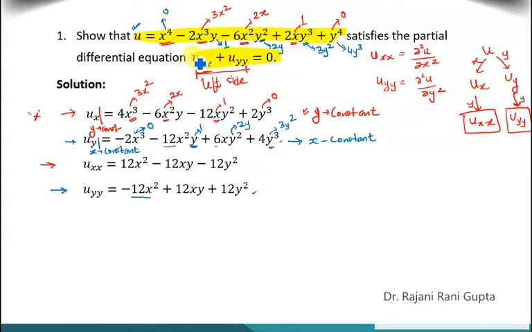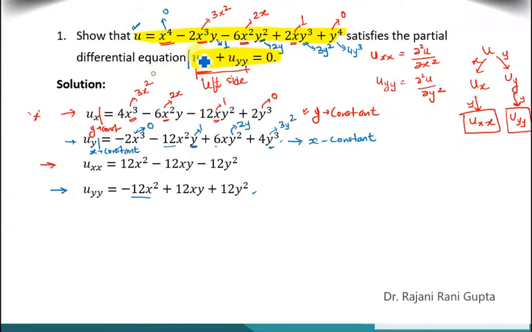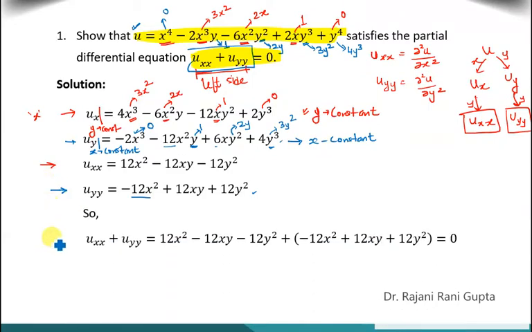Now let's go to the given differential equation. Okay, this is the thing. So we consider the left side. Left side is uxx plus uyy.